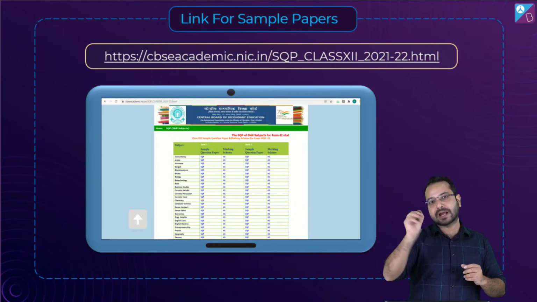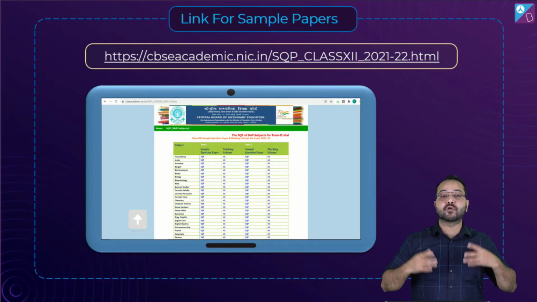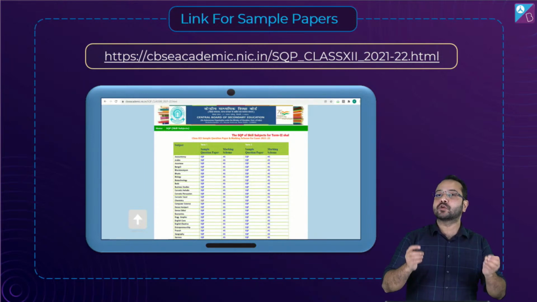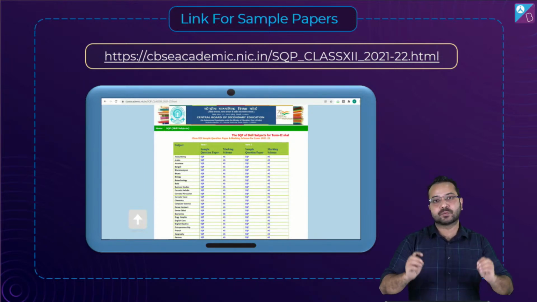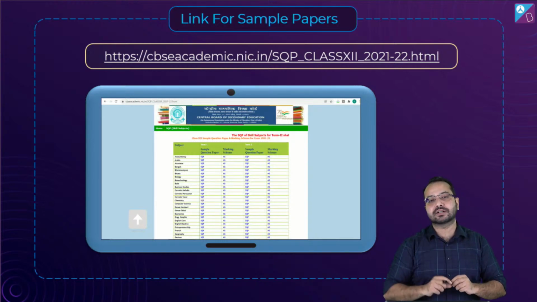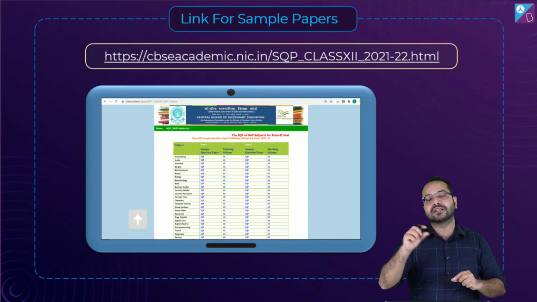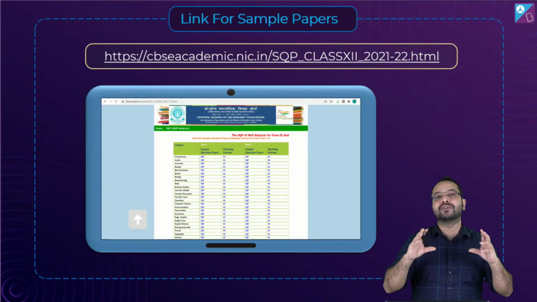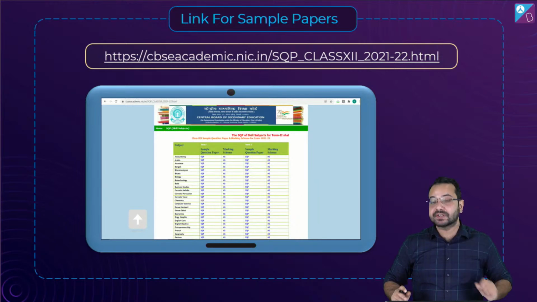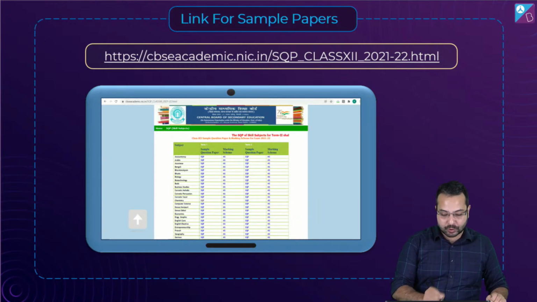We don't just have to get to an answer and tick, we have to write it in a very structured manner. CBSE has provided the solution as well as the marking scheme: you write this part, you get this many marks. That is going to give you an idea of how to write these questions. So this is the second thing you're going to do.